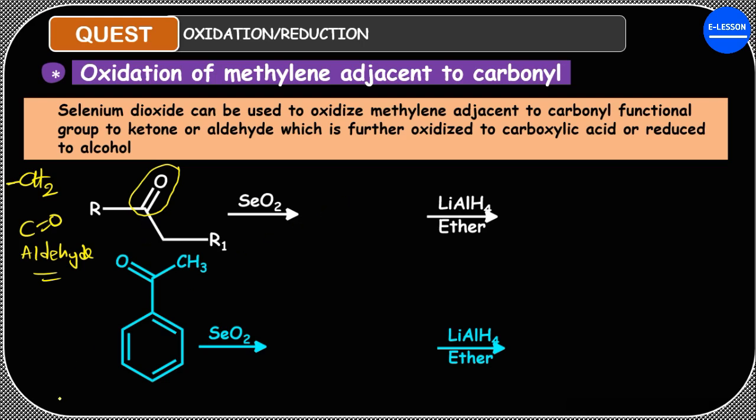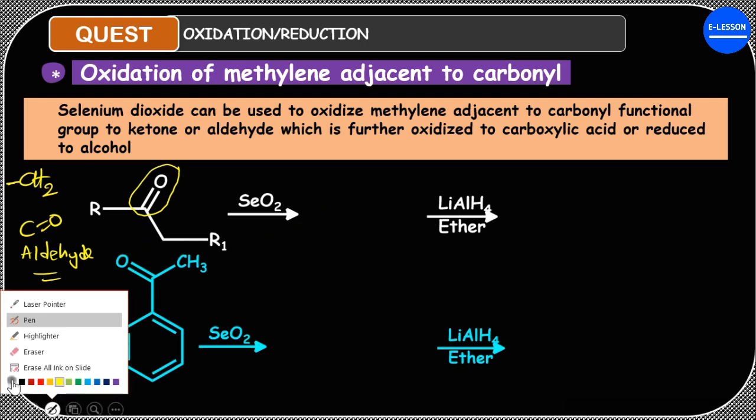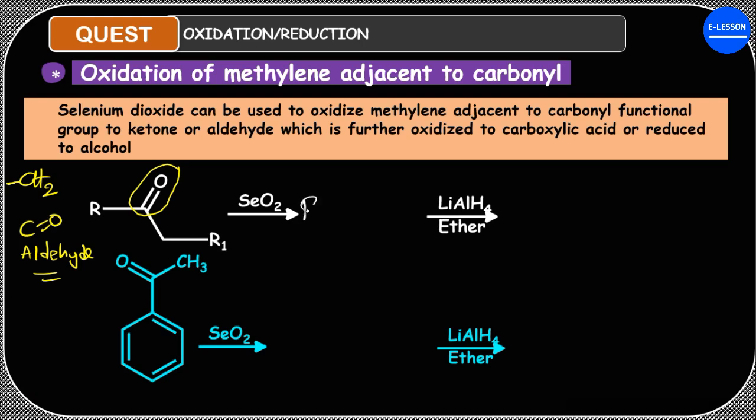The product of this reaction would be something like this. You form this C=O double bond, and then here is R, here will be a C=O double bond. So this is the product that is formed, which is a ketone, right?